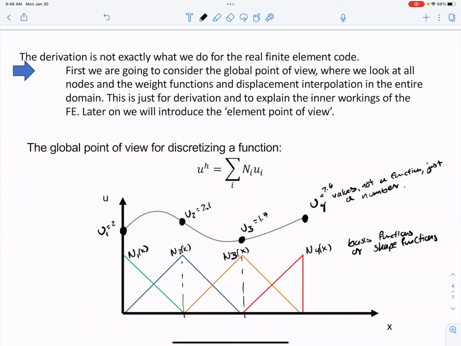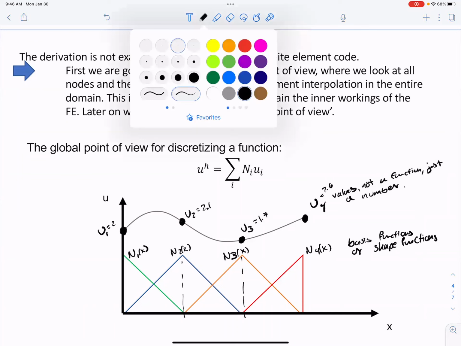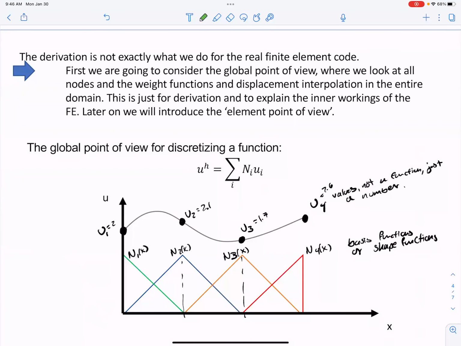And then this function, this sum, U as a sum of the N functions times these values, will actually interpolate this. It will give me this piecewise linear interpolation.